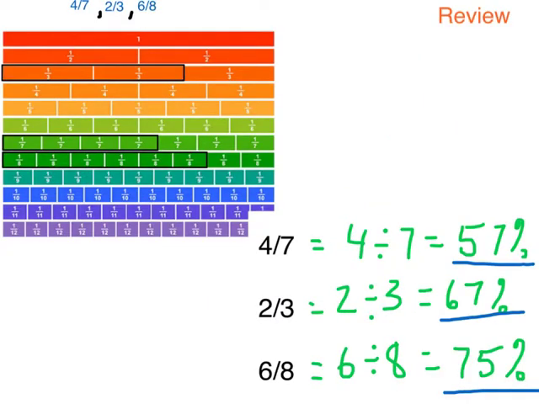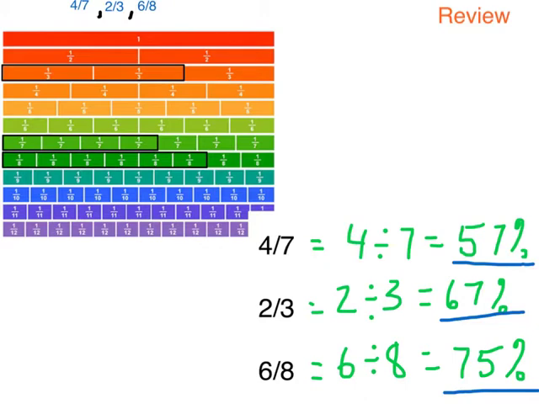So in today's lesson, you learned that you can order fractions from smallest to biggest by using a couple of strategies. You can use your equivalent fraction chart to figure out how big the fraction is, so how long that strip of paper is. And once you have all the fractions you're being asked to order, you can easily tell which one's smallest, which one's biggest. You can also use your calculator to help you out.